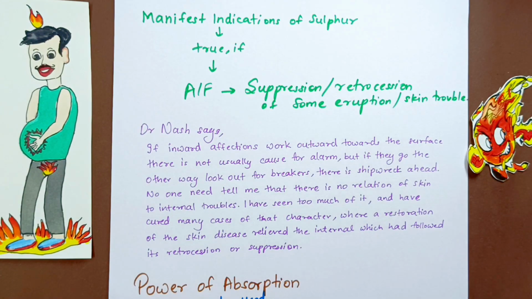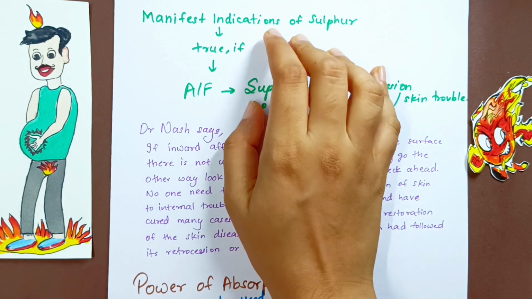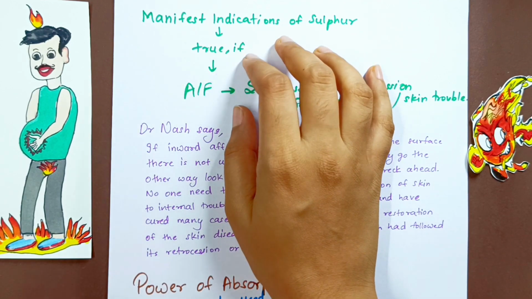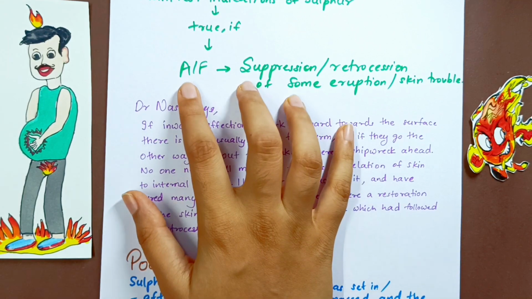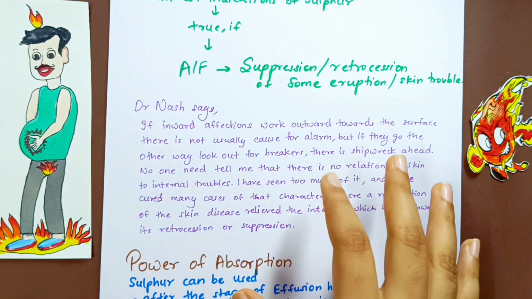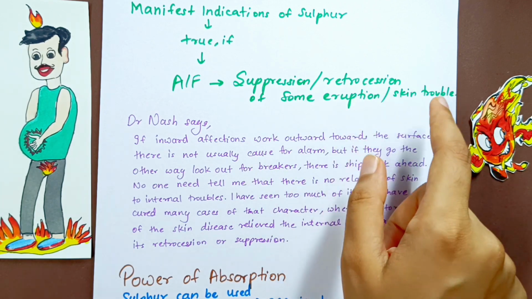Now if these indications of sulfur manifest themselves, you are confirmed about the remedy being sulfur if the ailments from all of these symptoms come from suppression or retrocession of some eruption or skin trouble.